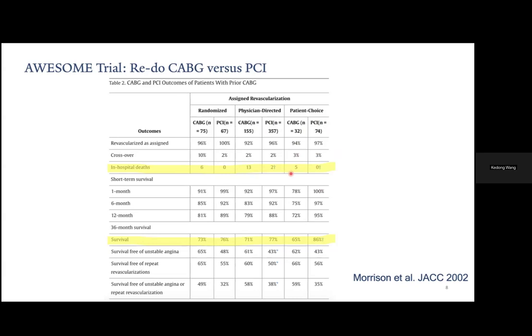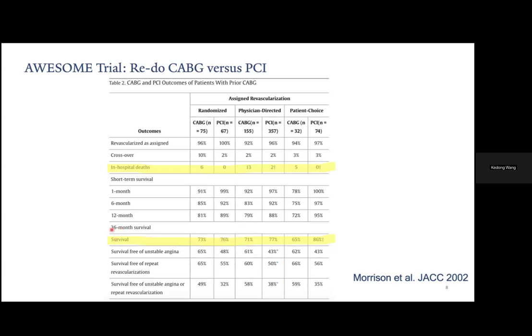The authors also look at the short-term survival of these patients. And in general, the authors conclude that the short-term survival is generally the same across the groups. In the randomized group, the CABG population had a slightly lower chance of survival compared to the PCI group, but that evens out after 3 years or so. So this is long-term follow-up.